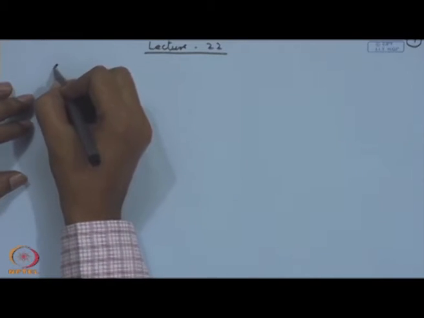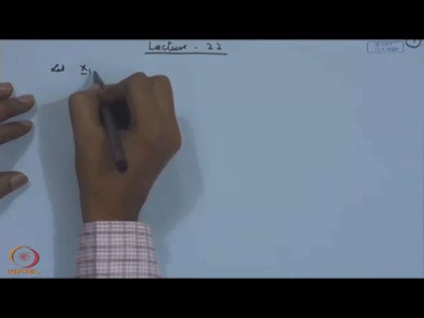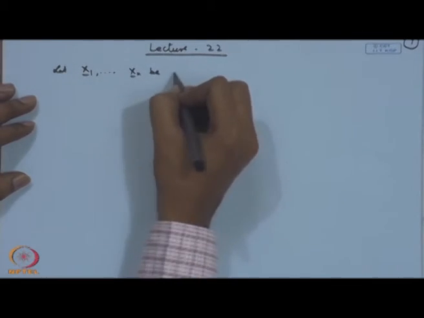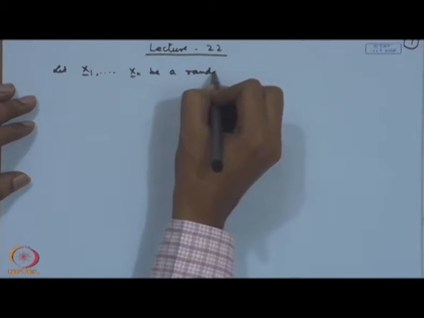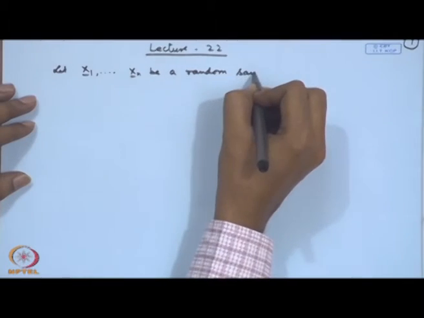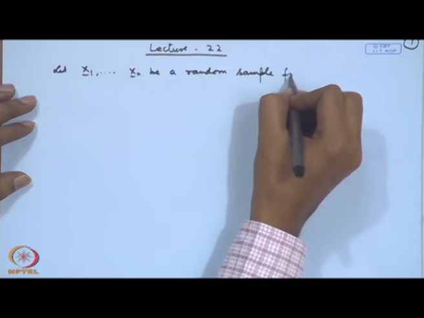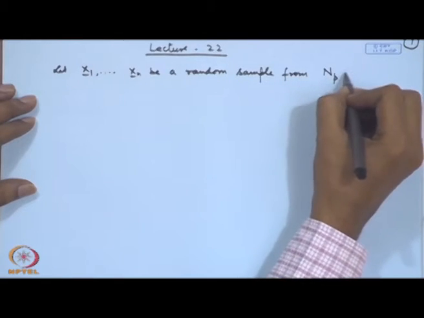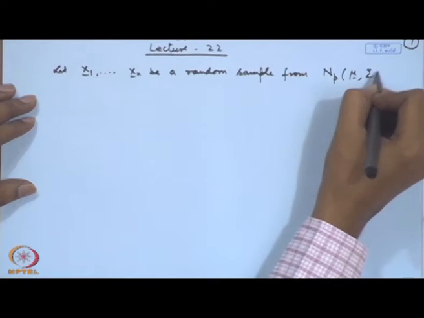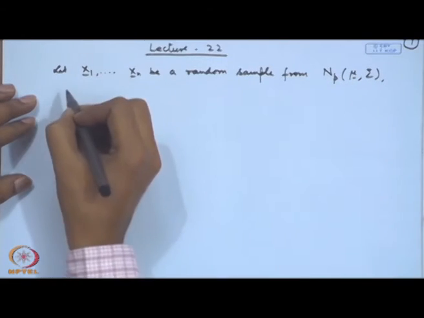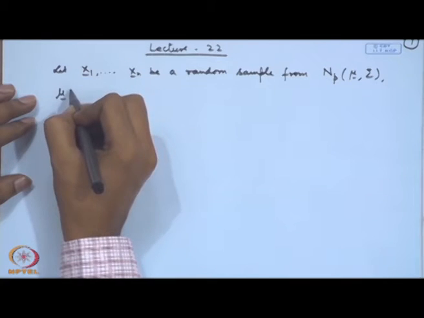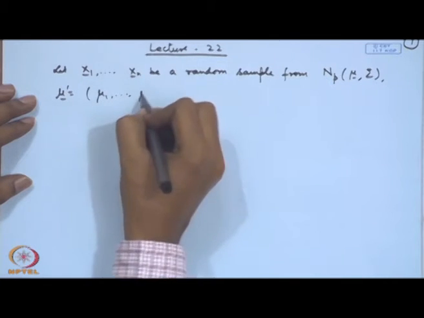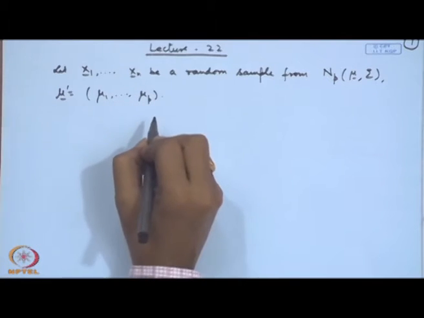Let us consider x 1, x 2, x n to be a random sample from N p mu sigma. So, as usual mu vector, let me write it in the row form, then mu transpose is equal to mu 1, mu 2, mu p.